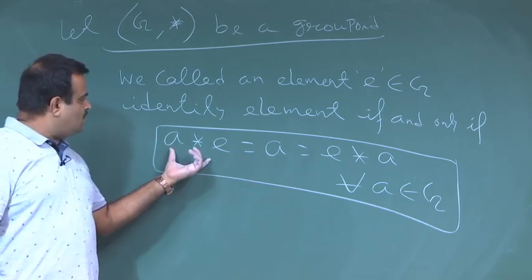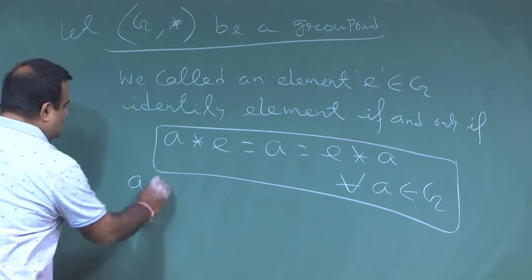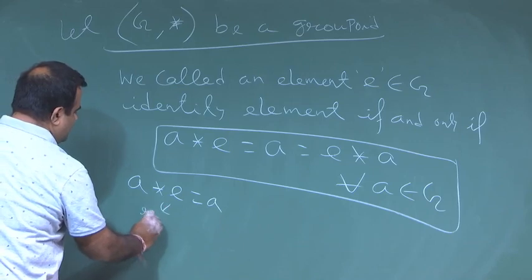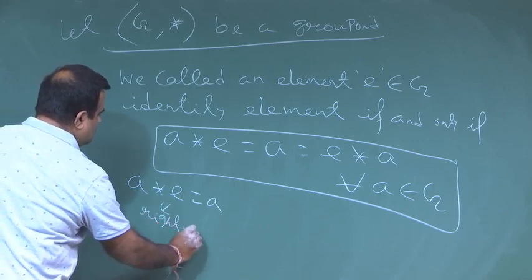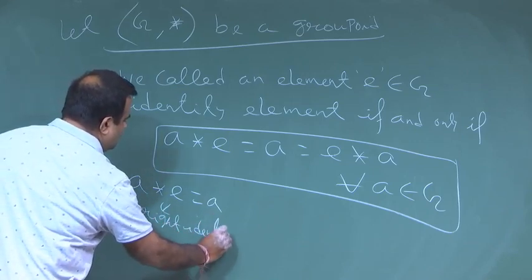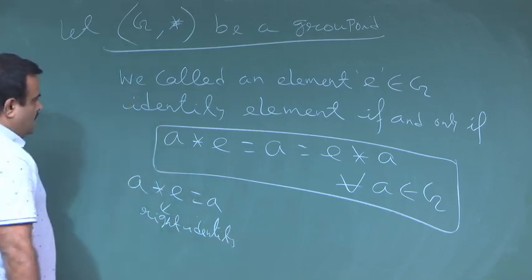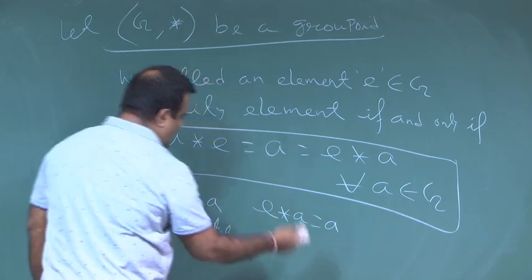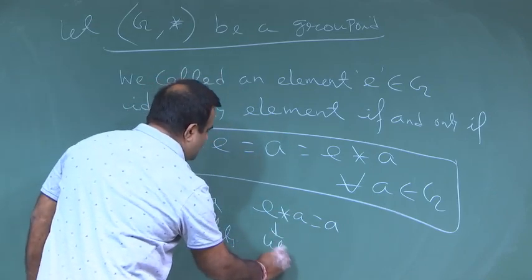If it is this way only, A star E is A, then it is called a right identity element. If E star A is equal to A for all A, then it is called a left identity.